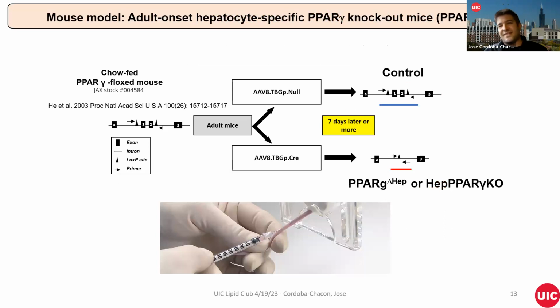So how do we test the actions of PPAR gamma in hepatocytes? We use hepatocyte-specific PPAR gamma knockouts, but we use an inducible knockout mouse model.